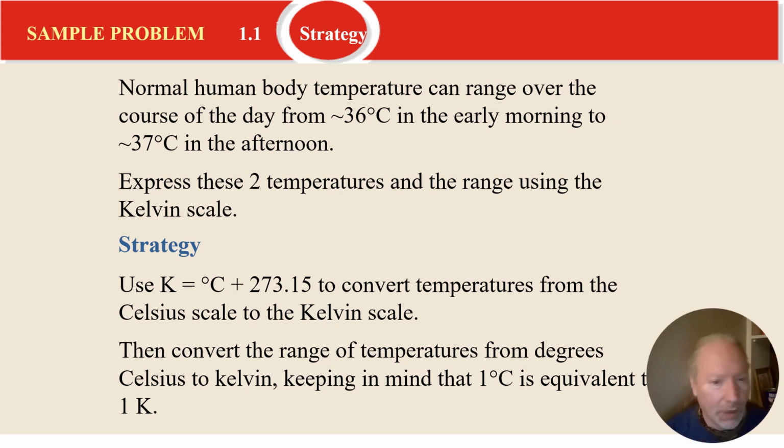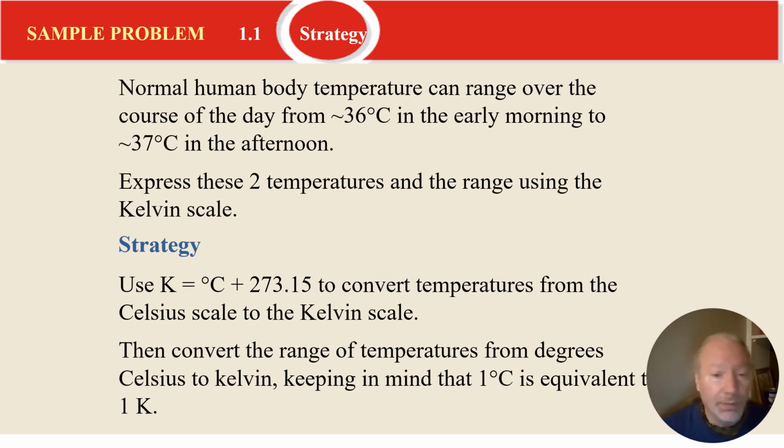And so we can convert the human body temperatures into Kelvin. We can do that, right? So if we were to add 36 to 273, hopefully you can start doing the math in your head. That might make you more at ease. Once you learn how to do mental math, it could help you.